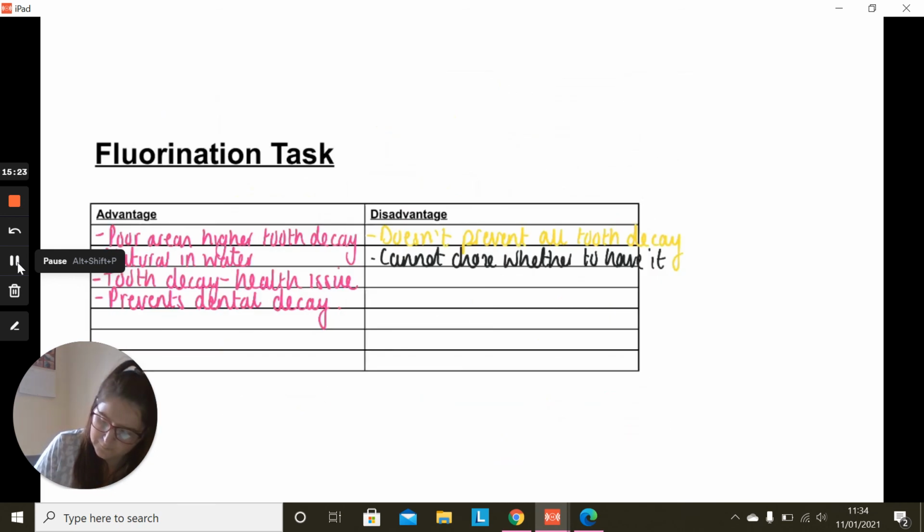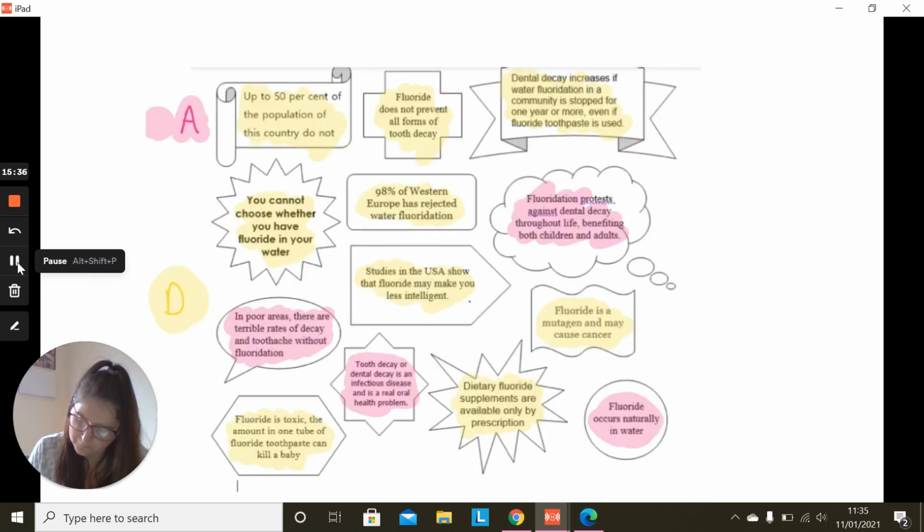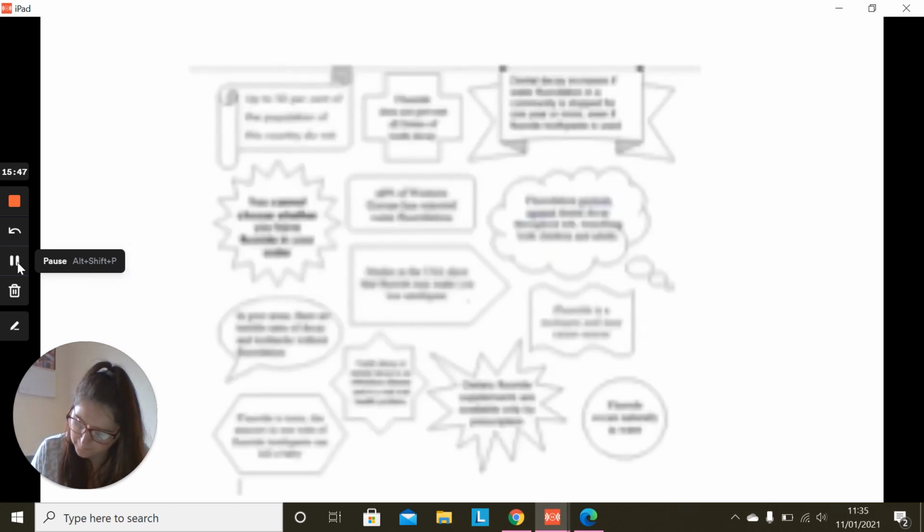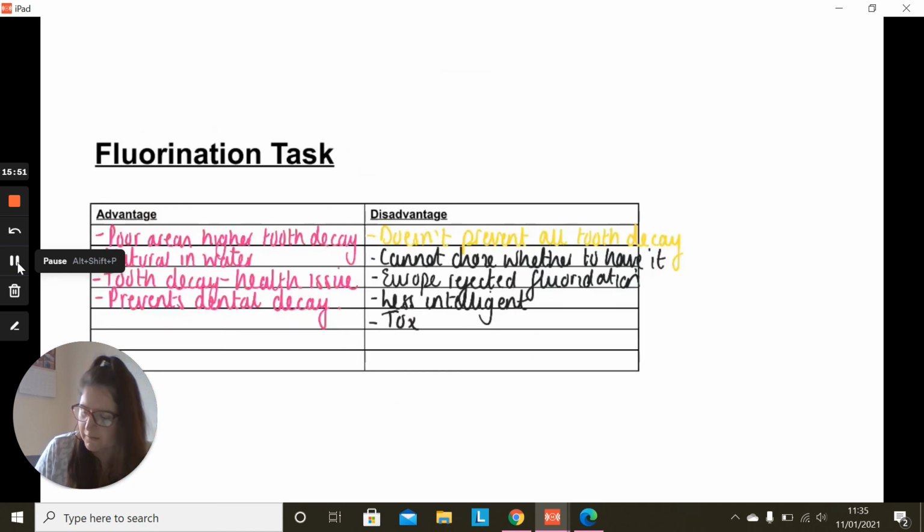Then we've got Europe rejected it. And then you make you wonder why. Then we've got can make you less intelligent. It's toxic, and it's toxic enough in high doses that it can kill a baby.